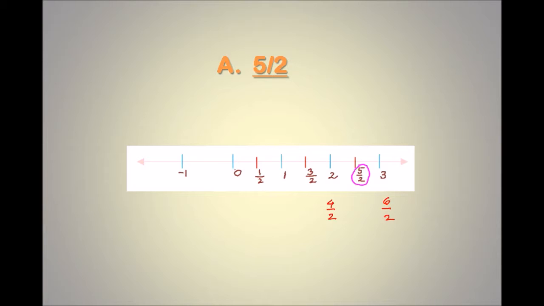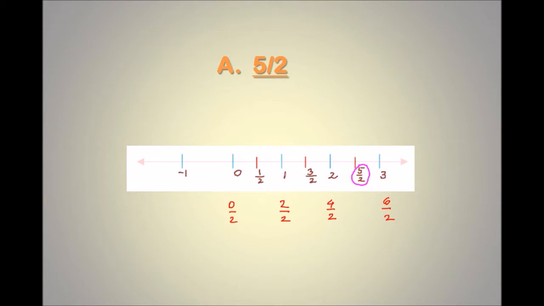If we start from the very beginning, 0 can be represented as 0 by 2 and 1 is obviously 2 by 2. So the mark which is just lying in the middle of this interval between 0 and 1, that is between 0 by 2 and 2 by 2, is obviously 1 by 2.